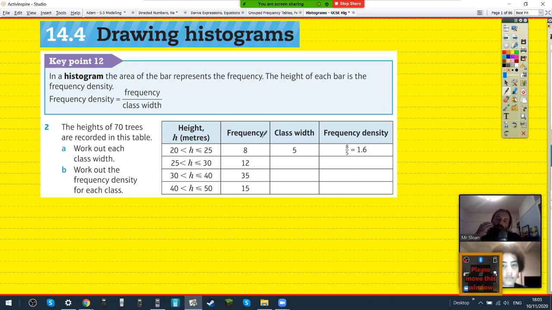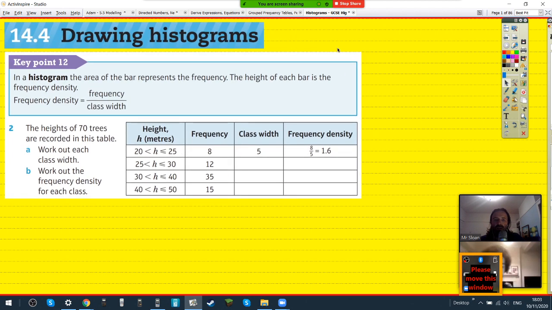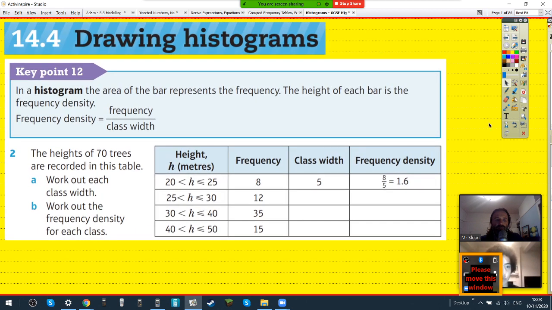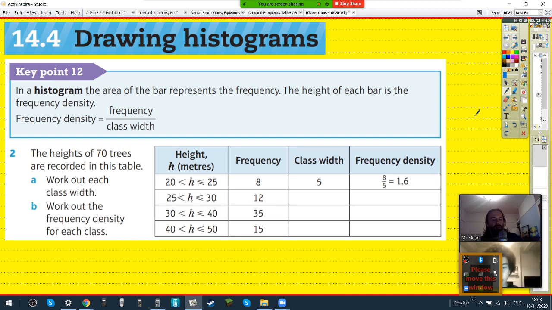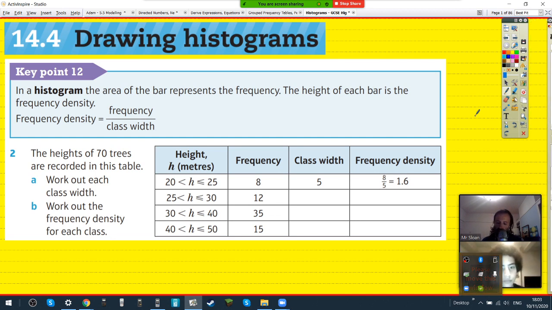Okay, so the class width for the first one, or do you already know how this stuff works? Any idea what the class widths are for each group? I would guess it's the amount in between two numbers. Yep. And for the next one, it would be 12 divided by 5, which is 2.4.